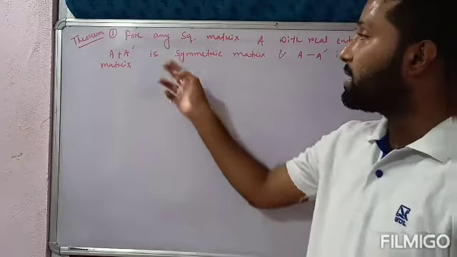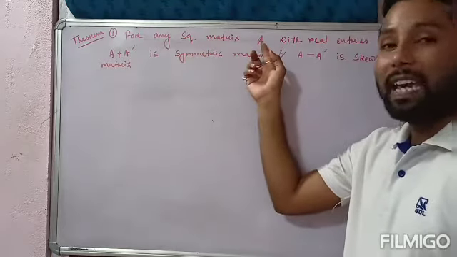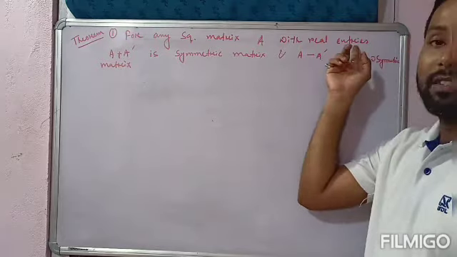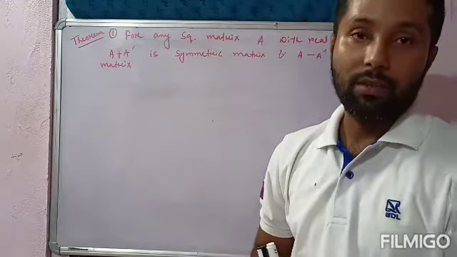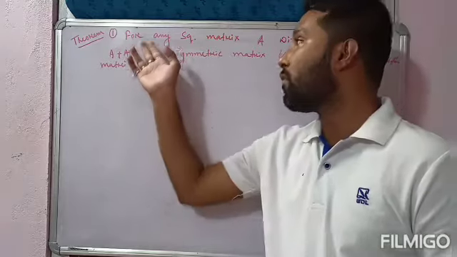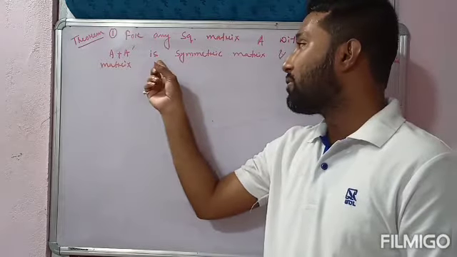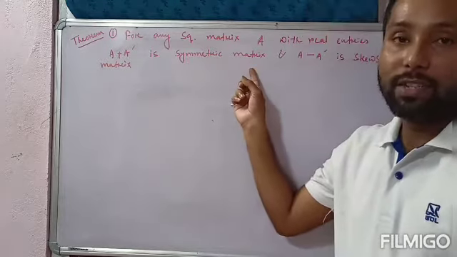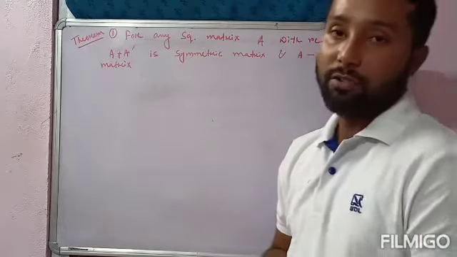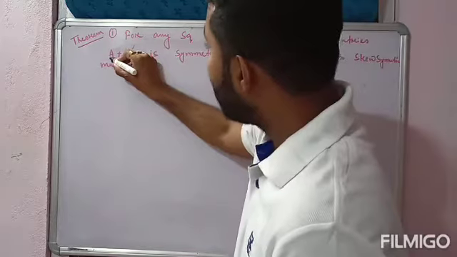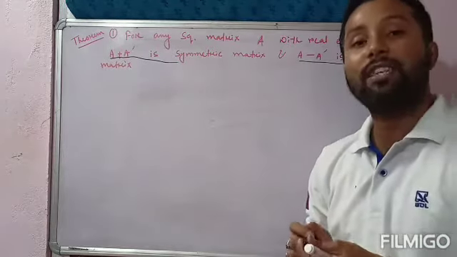The theorem number 1 is: for any square matrix A with real entries, which means we can enter the real numbers only, A plus A transpose is a symmetric matrix and A minus A transpose is a skew symmetric matrix.